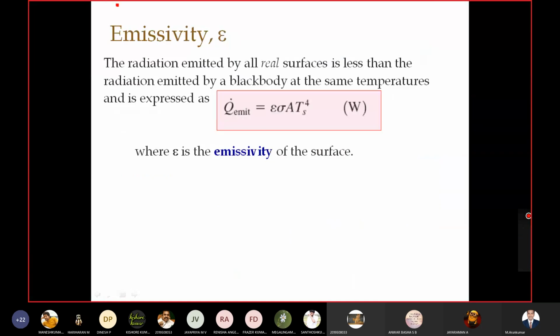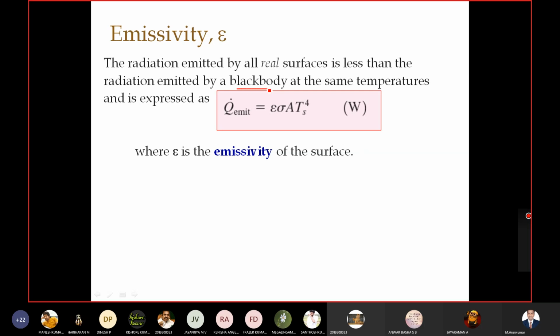Then the emissivity can be added. The radiation emitted by all real surfaces is less than the radiation emitted by a black body at the same temperature, and is expressed as Q dot equals epsilon sigma A Ts to the power 4. So actually we have to compare the real surfaces with the black body.